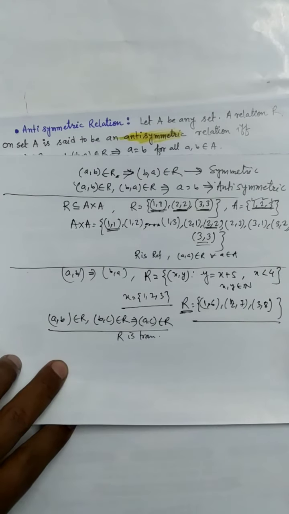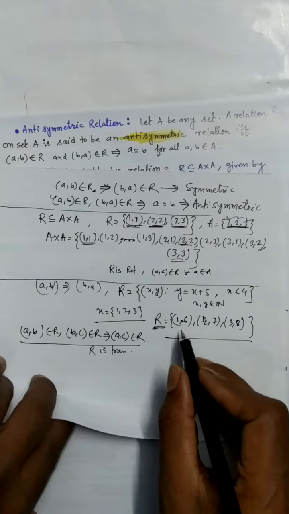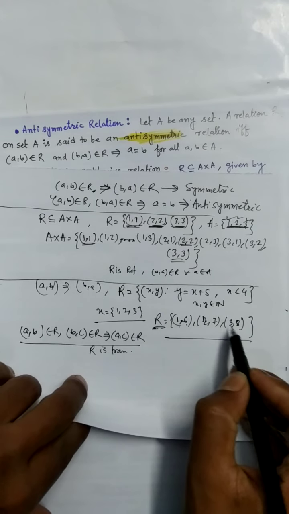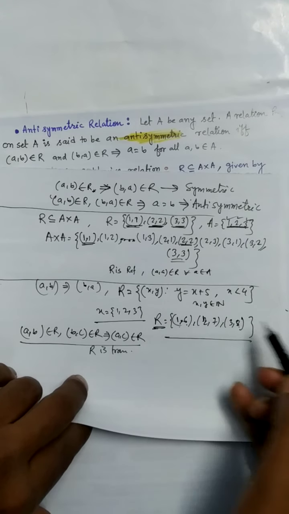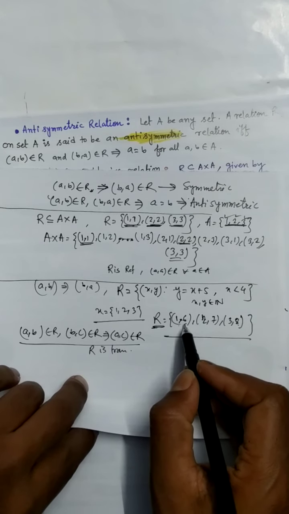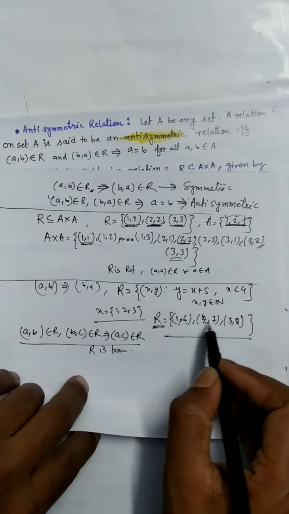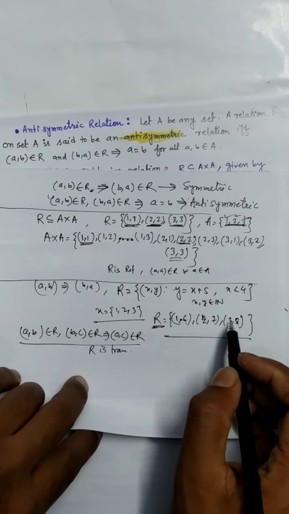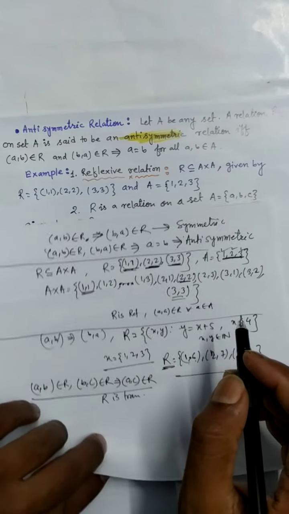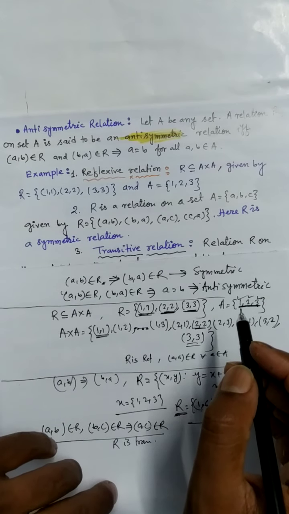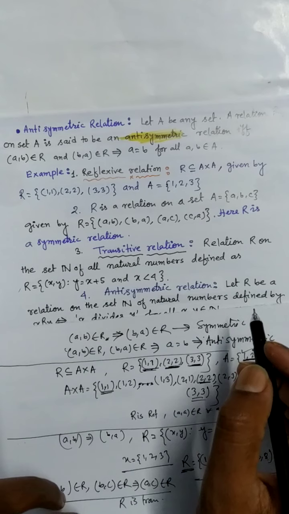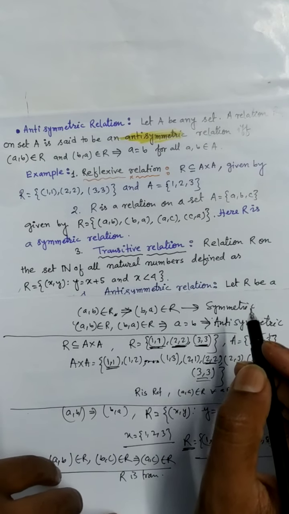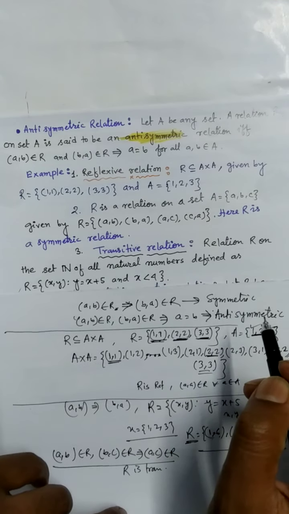Here (1, 6) belongs to R, and a pair starting with 6 does not belong to R. So here (2, 7). So will this be a transitive relation or not, that we have to check.